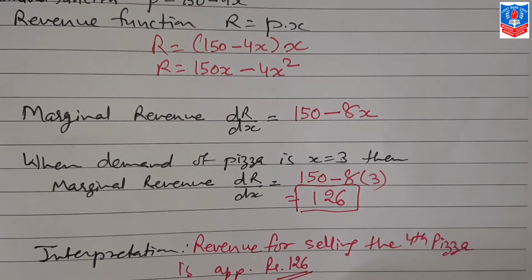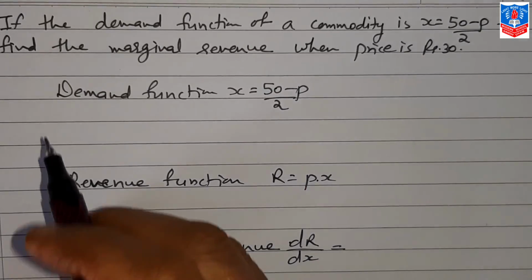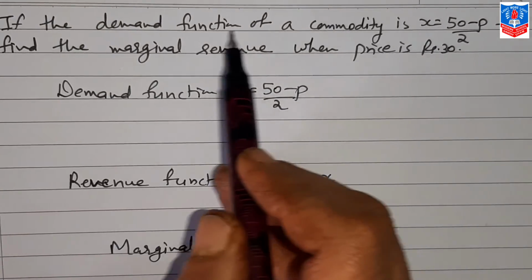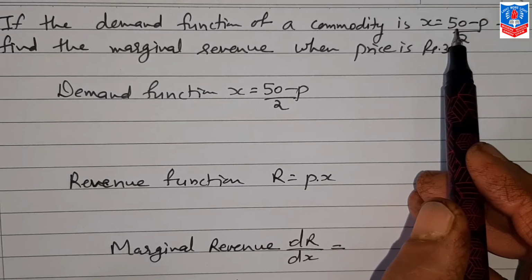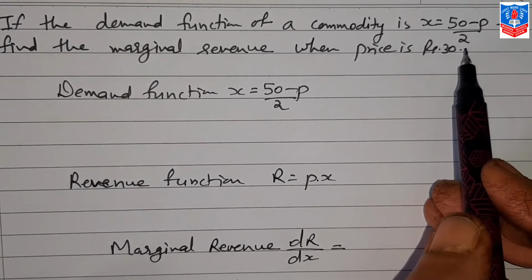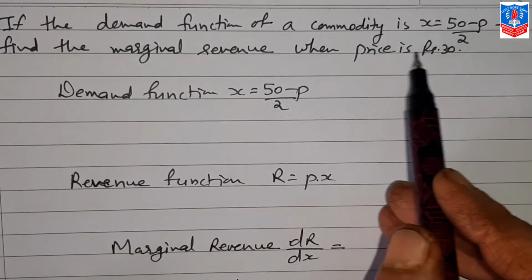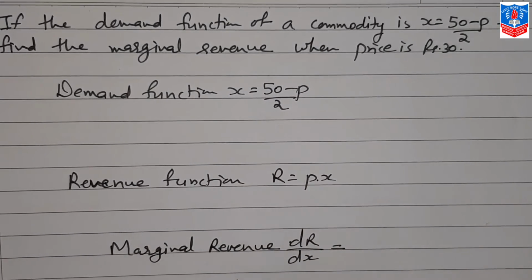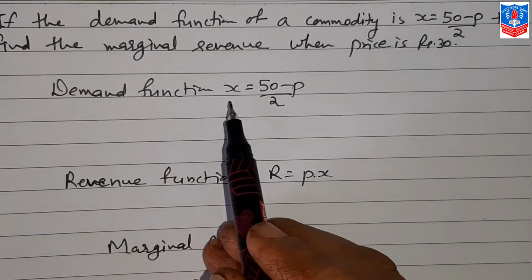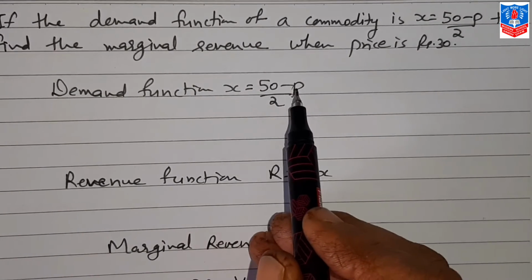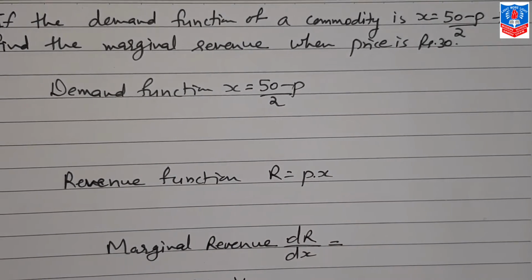Let us go for the next sum. The question is: if the demand function of a commodity is X is equal to 50 minus P by 2, then find the marginal revenue when price is rupees 30. Here the demand function is given as X is equal to 50 minus P by 2.